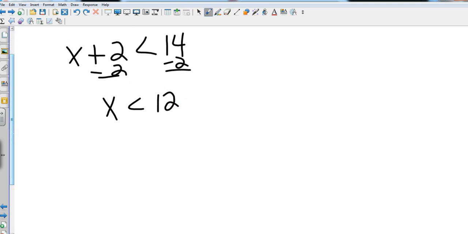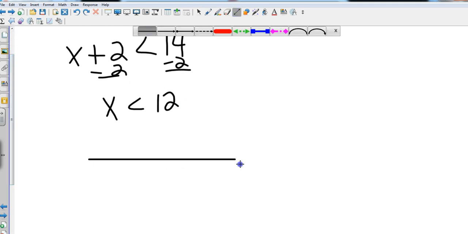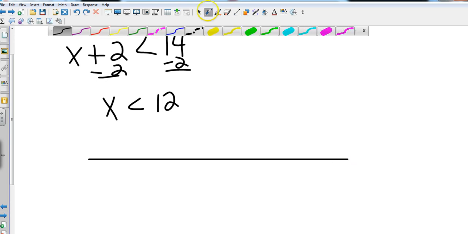So again, I'm going to do my number line. I've got my 0 in the middle. I've got my 12 out here. I've got my negative 12 out here.